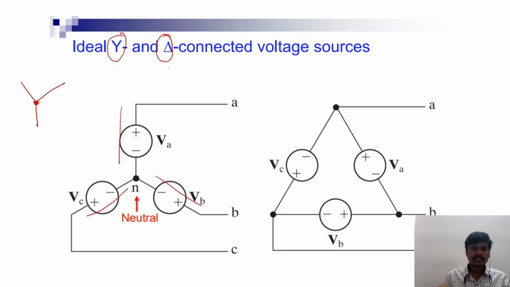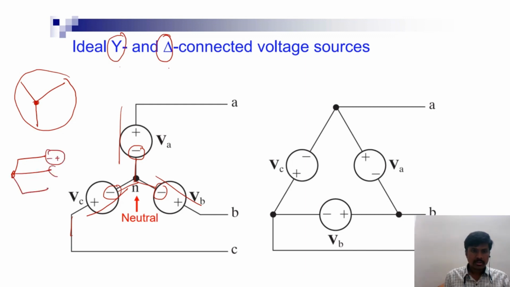The three negative terminals are connected to one common point, which creates the star connection formation. You can also represent this like this; it is not compulsory to represent the star connection in only one way.